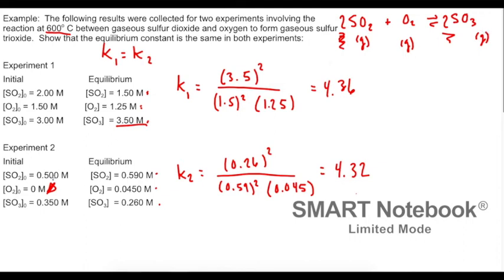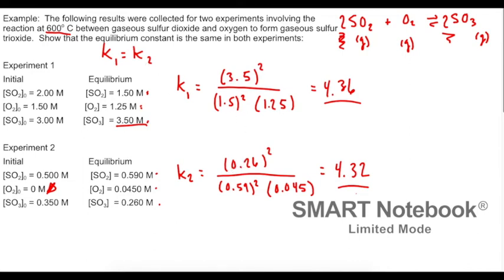So this is interesting that just by mixing one of the reactants and the product, the product must be decomposing, the reverse reaction must be happening to give us some oxygen that is then able to react and go back the other way, back and forth, until equilibrium once again is indeed reached at this relatively stable constant ratio according to our equilibrium equation. Hopefully you all are getting the hang of this.